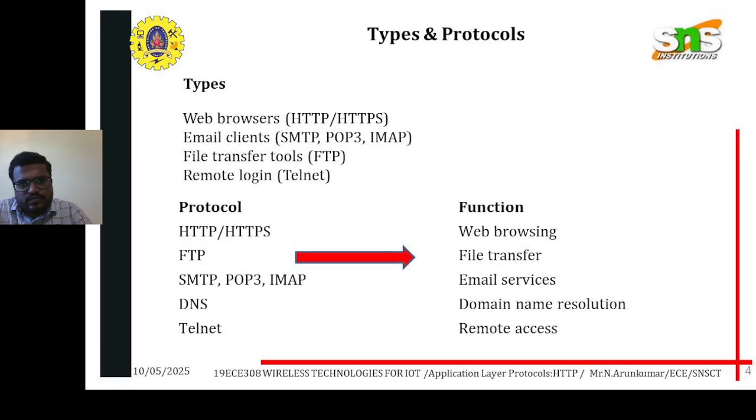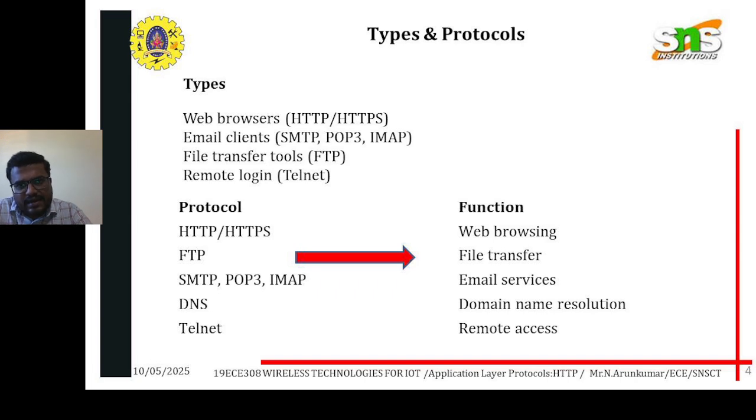Types: web browsers, email clients, file transfer tools and remote login are some types of these applications. Under these types we have some protocols and their functions. For web browsers, HTTP and HTTPS, secure Hypertext Transfer Protocol, are used for accessing web browsers.